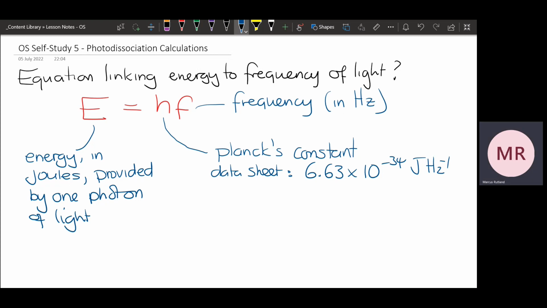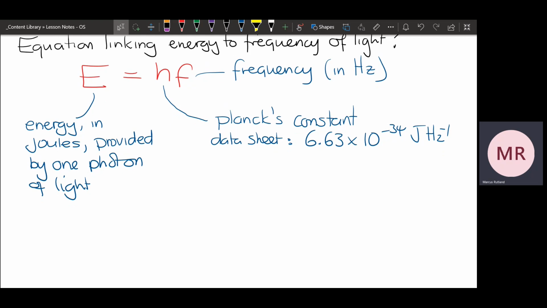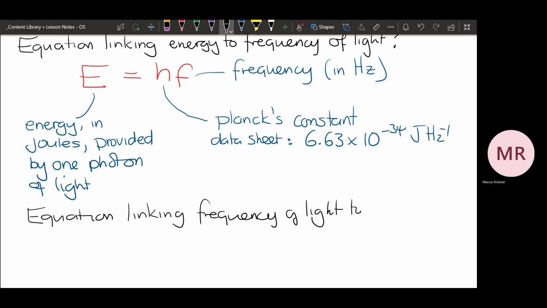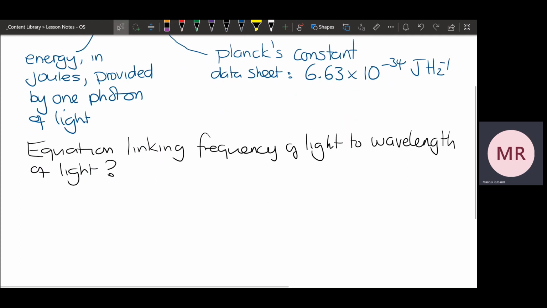Now there is another equation that you'll need in order to do this calculation. It's the equation linking the frequency of light to the wavelength of light. Light can be described by its frequency or its wavelength, and there's an equation that lets you convert from one to the other.